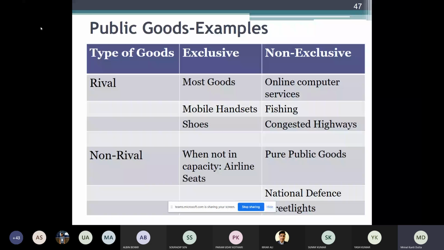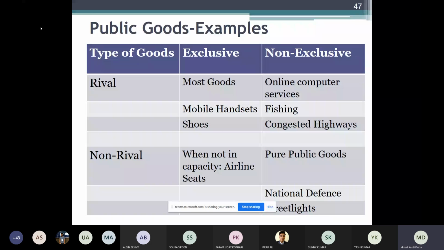For example, if I talk about a mobile handset, it will be mostly a private good because it belongs to somebody. It might be procured by an individual. So when he or she is owning the mobile handset, he or she can exclude anybody else from making use of it.